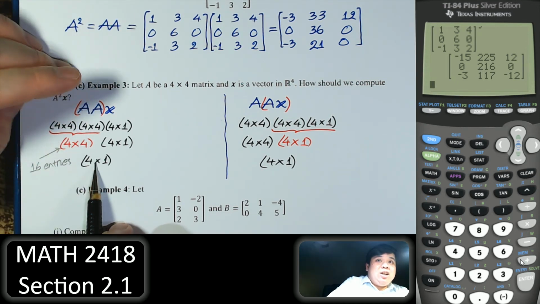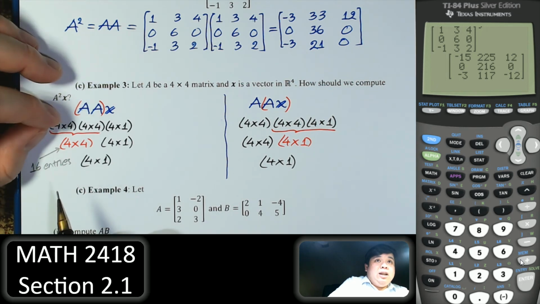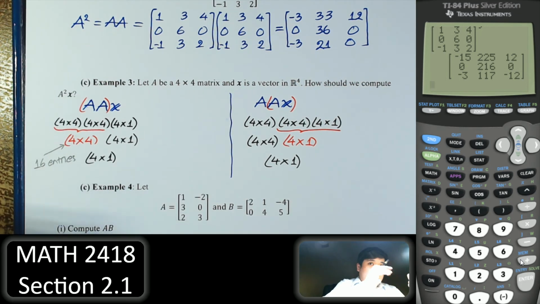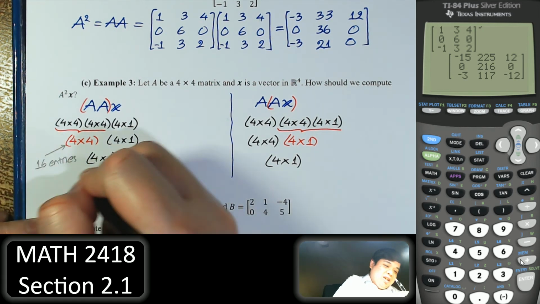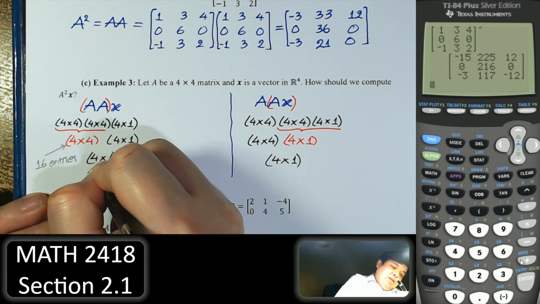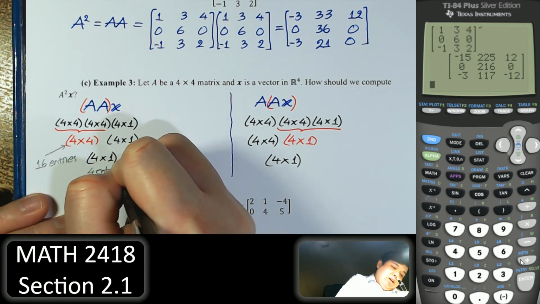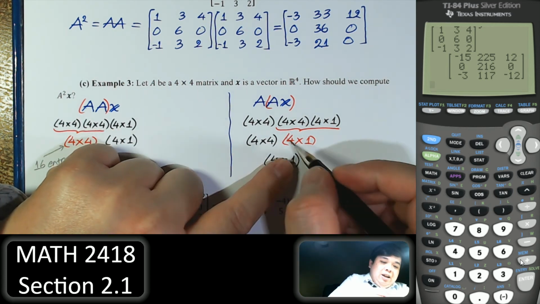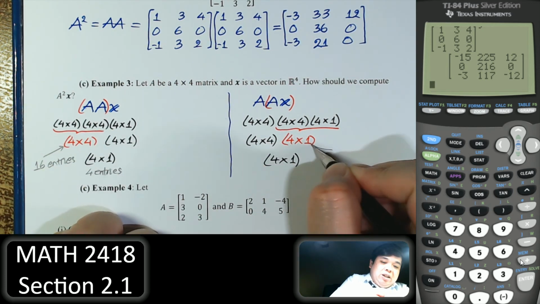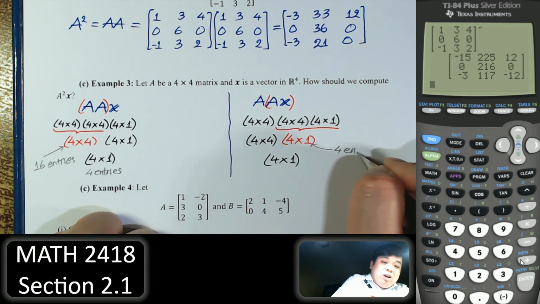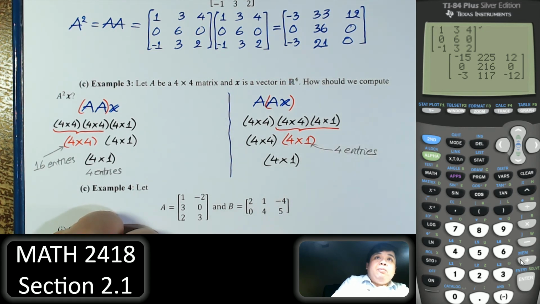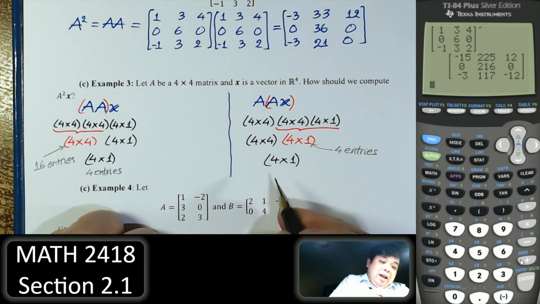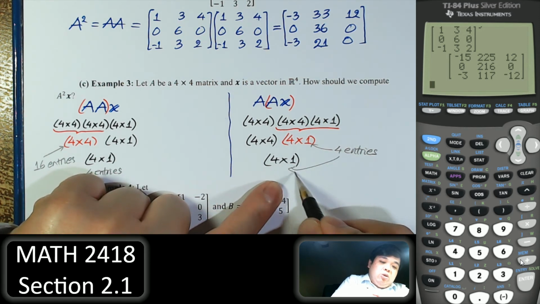So that gives us like 20 entries that we have to calculate, and each one is a row times a column. A row has 4 entries times a column, so that's a lot. Now over here, 4 by 1, there are only 4 new entries to be calculated, and then here there will be 4 new entries, so a total of 8.